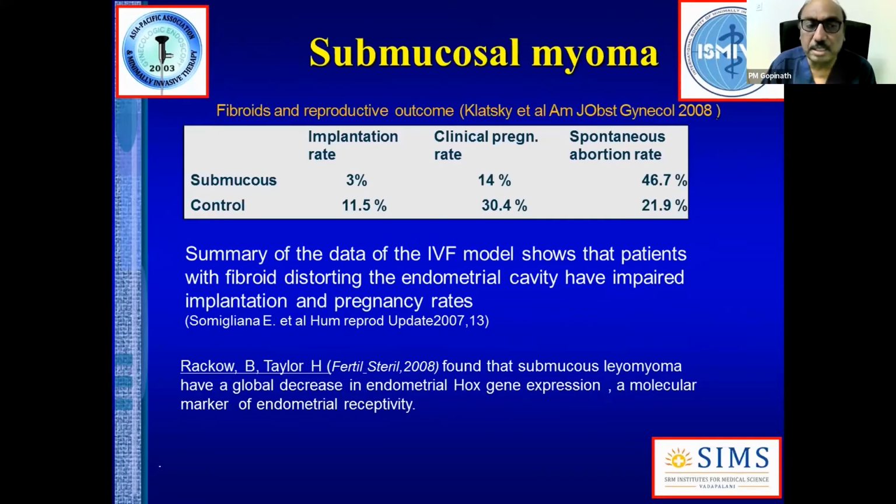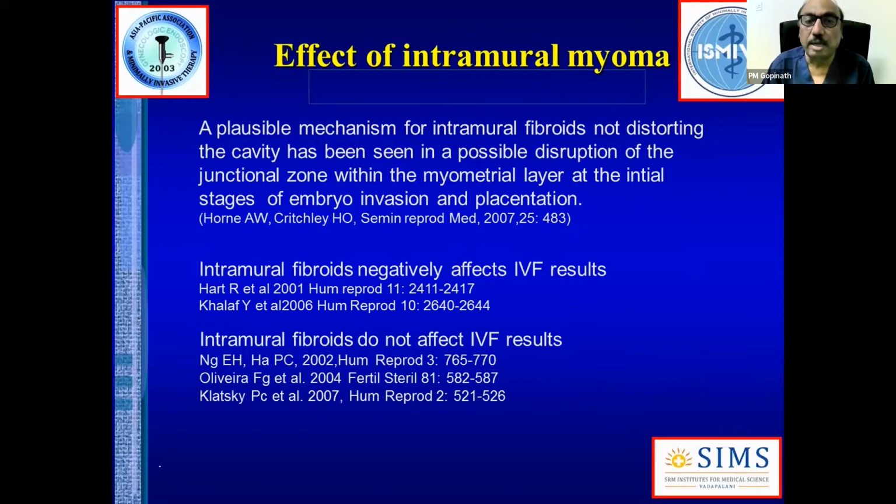If you look at the submucous fibroid compared to the control, the clinical pregnancy rate goes from 30 to 14%, and the spontaneous abortion rate goes from 21% to 46%. So definitely it has an impact. With intramural myoma, there are conflicting reports.